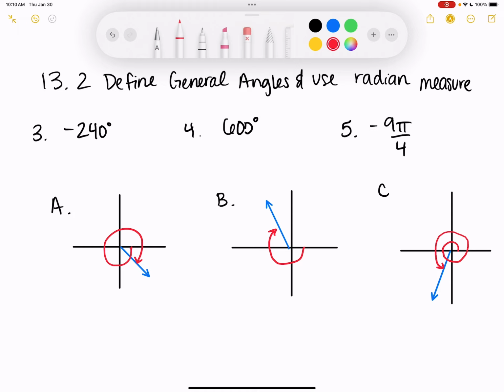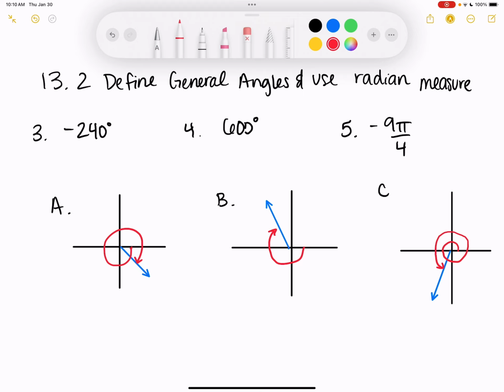A pi symbol indicates that it is in radians. We don't need calculators. So there are 360 degrees in a circle. There are also 2 pi radians. Half of a circle is pi. The full circle is 2 pi. So we're going to see how far we get before I decide to stop and learn the unit circle, but we're just going to go with this for now.